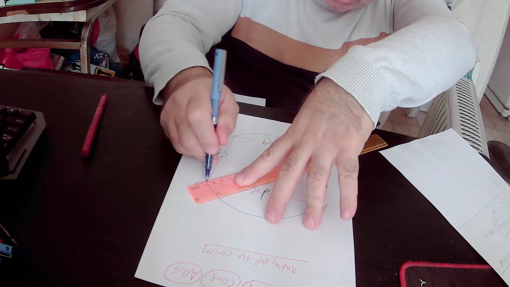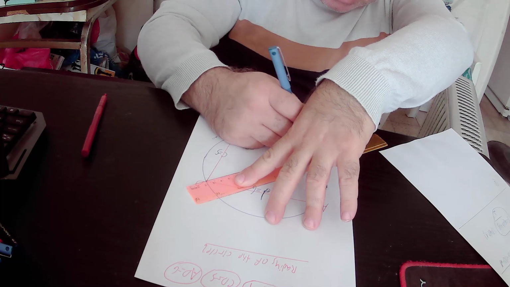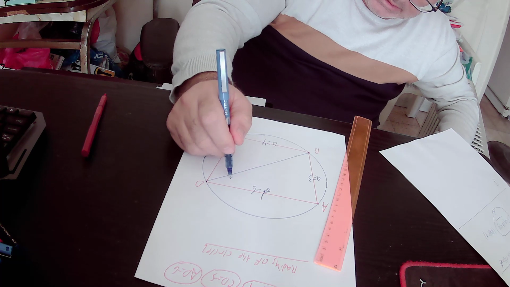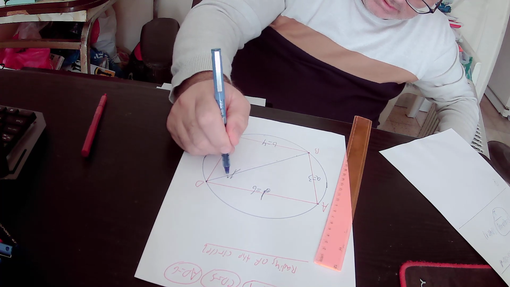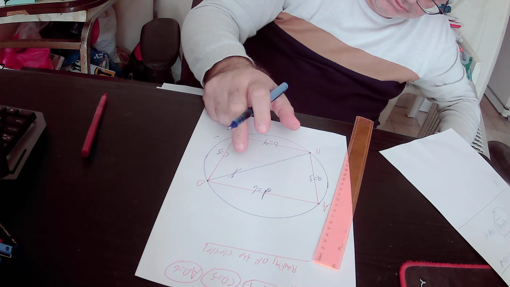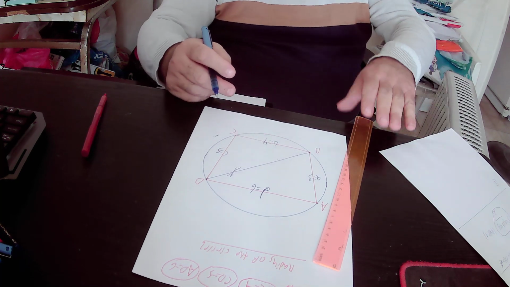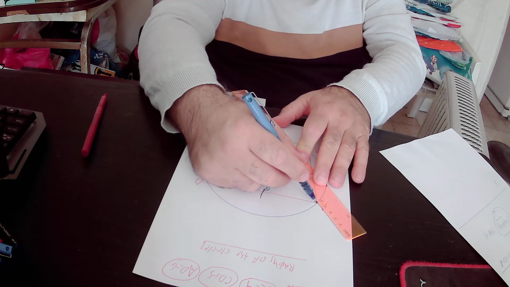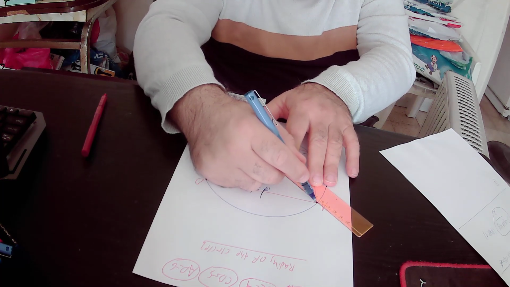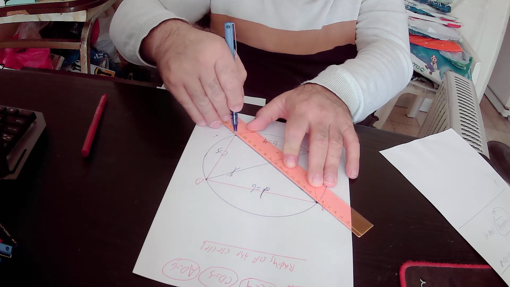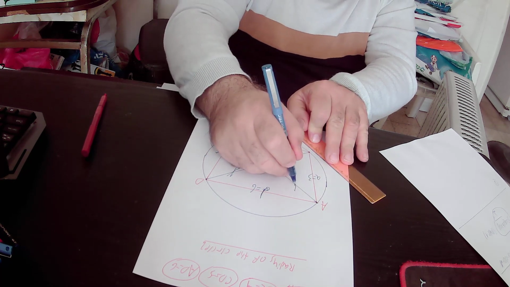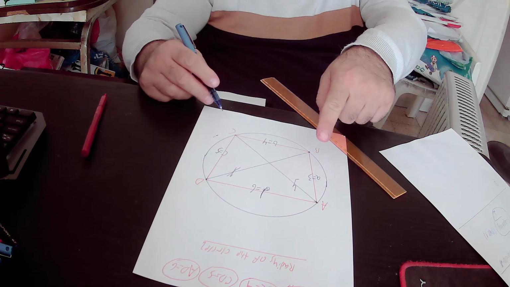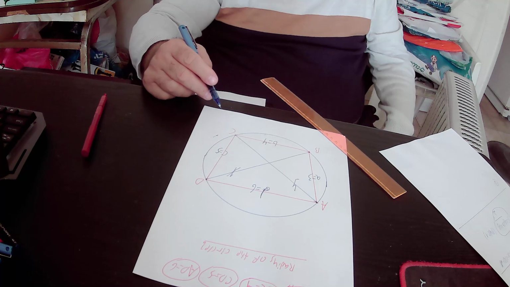Diagonal BD, we define as X, that is to say the size of diagonal BD equals X units, and we will define diagonal AC as Y, that is to say diagonal AC equals Y units in its size.